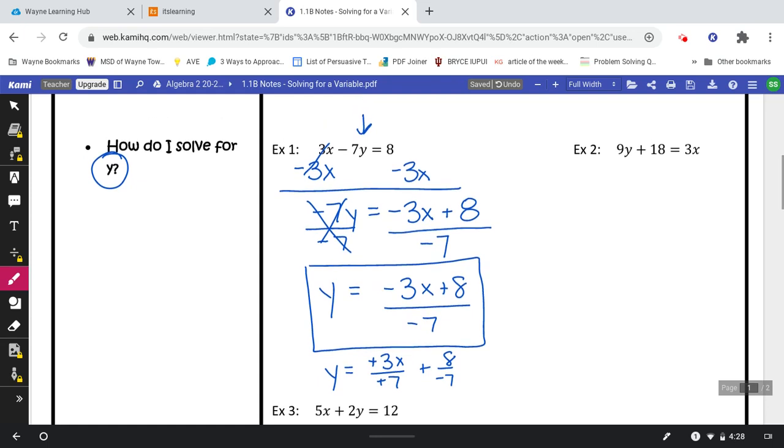Example 2. Still asking me to solve for y. Here is y. So this time the y is the first thing we see. So I'm going to start by moving the 18. Go ahead and subtract 18 from both sides. And then divide by 9 and see if you can get an answer for y equals.